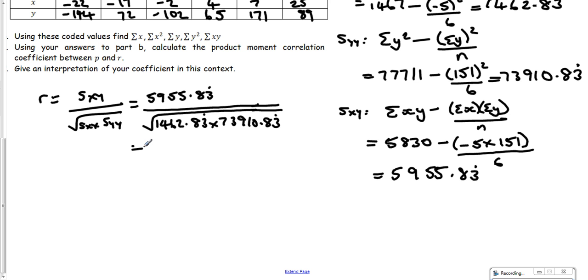And if we work all of that out, it works out to be 0.573 to three significant figures.